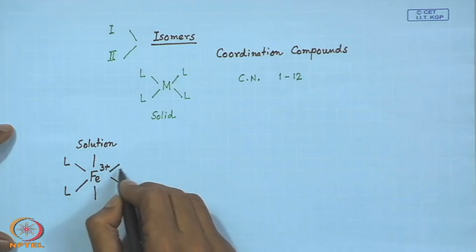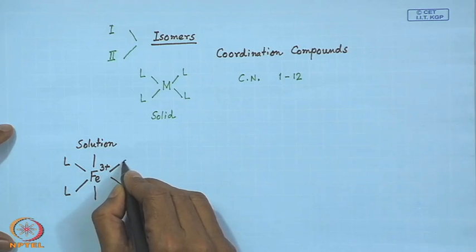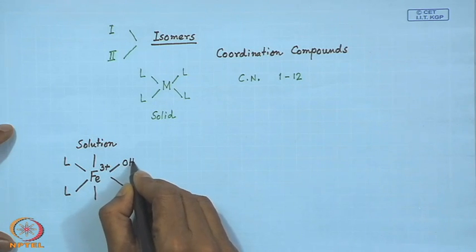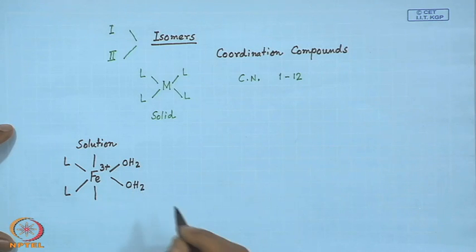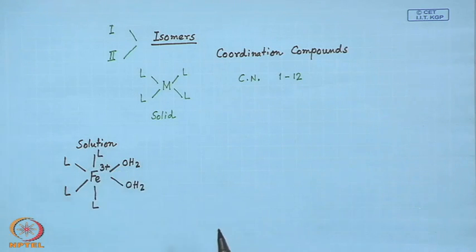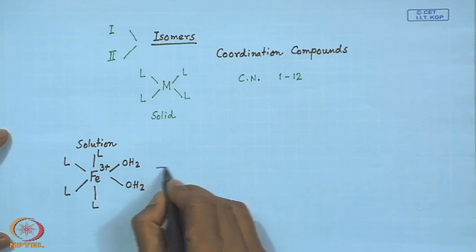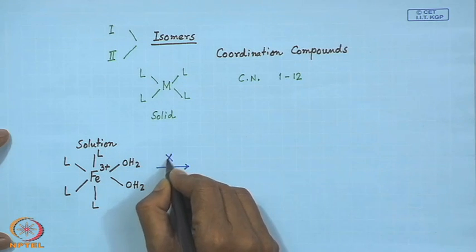Then we see that when no ligand is present around this particular ferric iron center, we can have only the water molecules. This can be L, the fourth one can also be L. So, this is basically going to react with some other new group, say X.